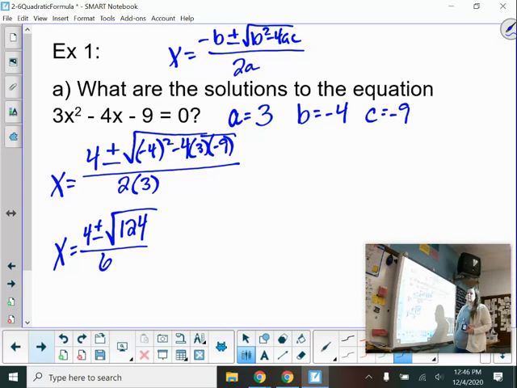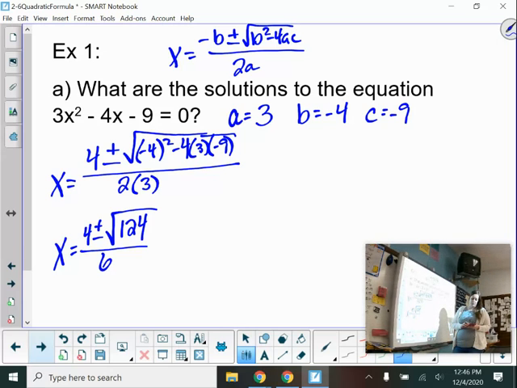One thing to remember with square roots is you can only divide square roots by other numbers that are in square roots. So the 6 and the 124, I can't do anything with that right now. However, 124 can be broken down. We can reduce it like we reduced the square roots back when we were starting in section 2-4.